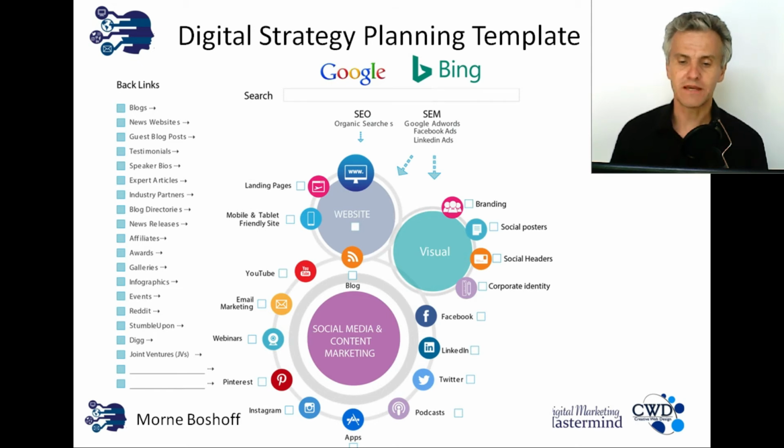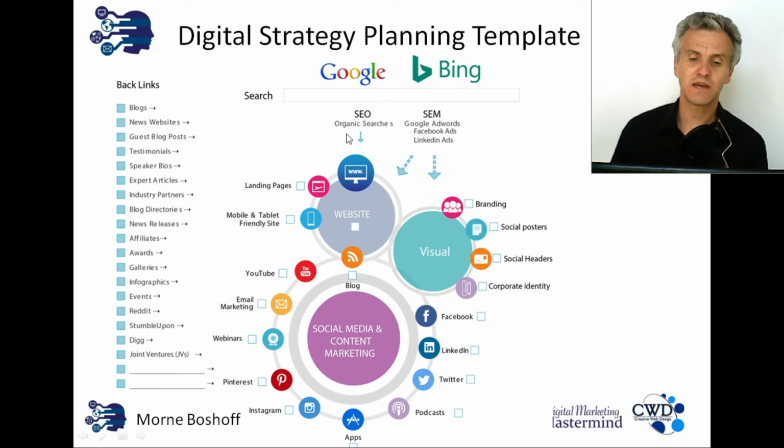Now that we have a basic understanding of where your visual, website, and content and social media fit, we need to look at your two main search engines. So you've now built your website, and your website is getting listed on either or both Google and Bing. They are the two main search engines.